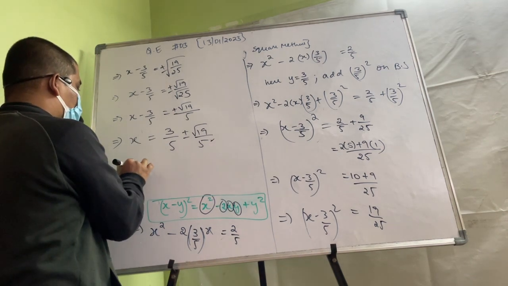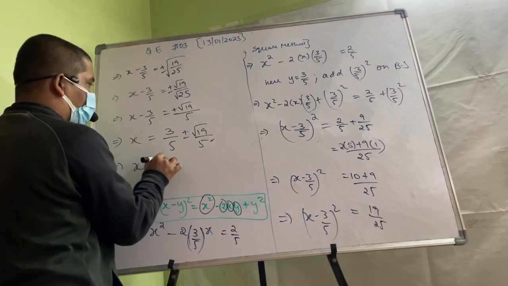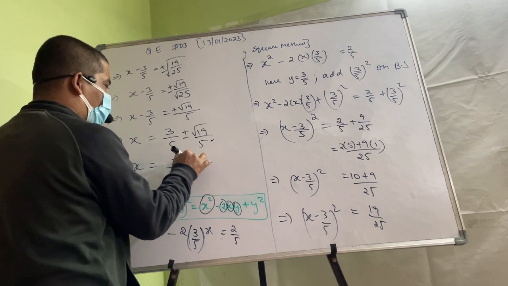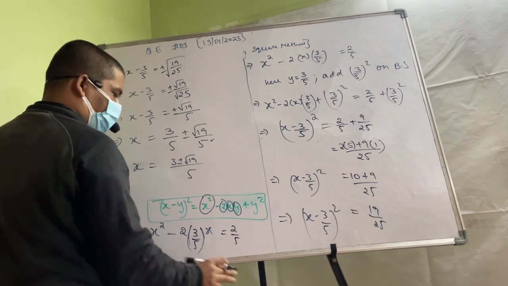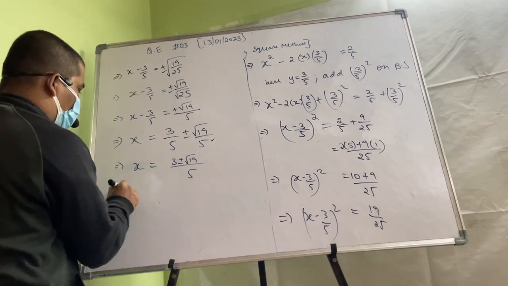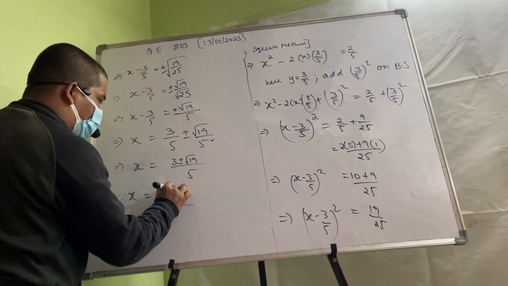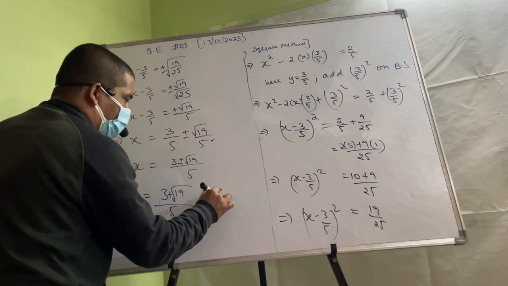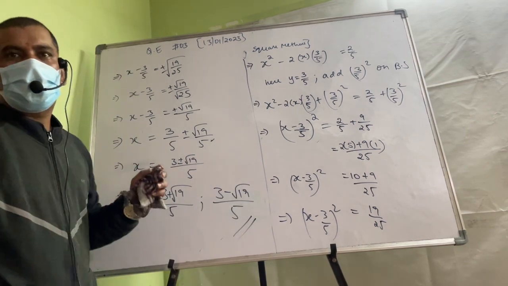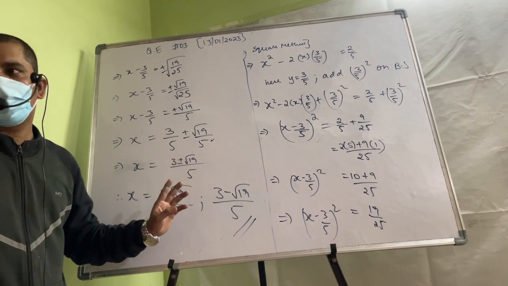So therefore, we can do one more step if we want. The LCM of both will be 5. So 3 plus or minus under root 19 by 5. So finally x is equal to (3 plus under root 19) by 5, and (3 minus under root 19) by 5. Getting the idea? Once you write plus, once you write minus.